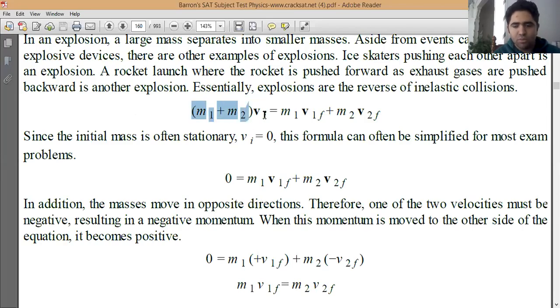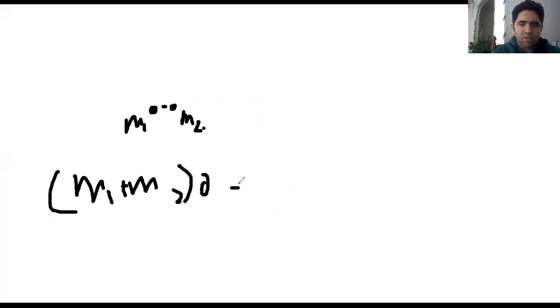So M1 plus M2 times the initial velocity, which is 0, equals the velocity of the first object, M1 V1, plus the other object.